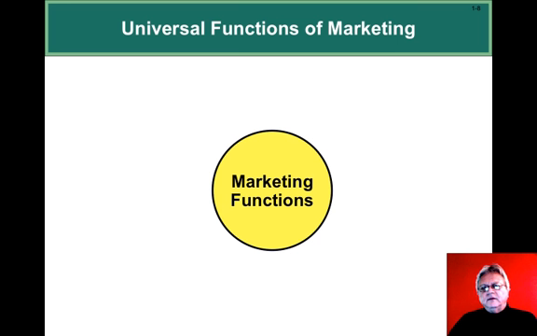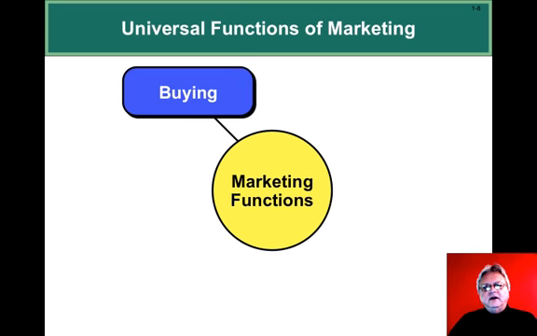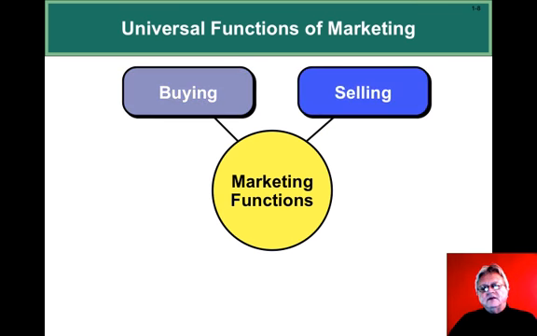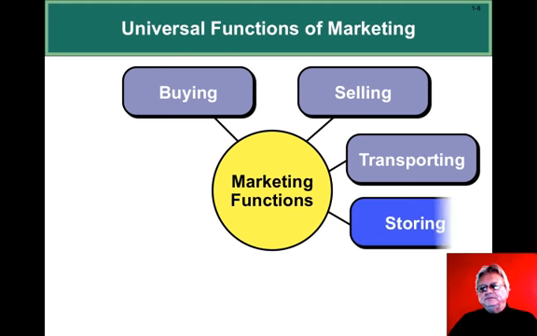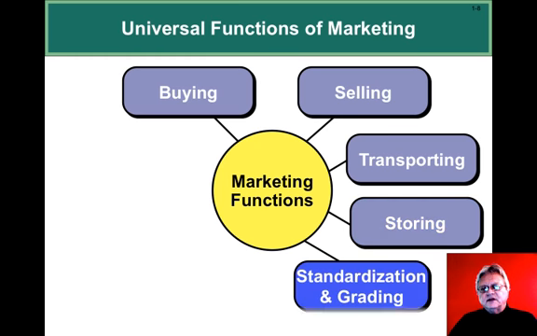In terms of defining typical marketing functions, universal functions of marketing include a number of activities, including buying and selling as part of the exchange transaction, also transportation, storage. Both of these functions involve logistics within the supply chain, and these are marketing functions.